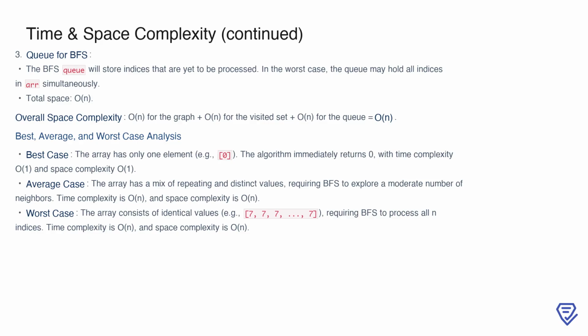In the average case, the array contains a mix of repeating and distinct values, requiring BFS to explore a moderate number of neighbors. In this scenario, both the time and space complexity are n. The worst case occurs when all elements in the array are identical, such as 7, 7, 7, 7. Here, BFS processes all n indices, and both time and space complexity remain n.